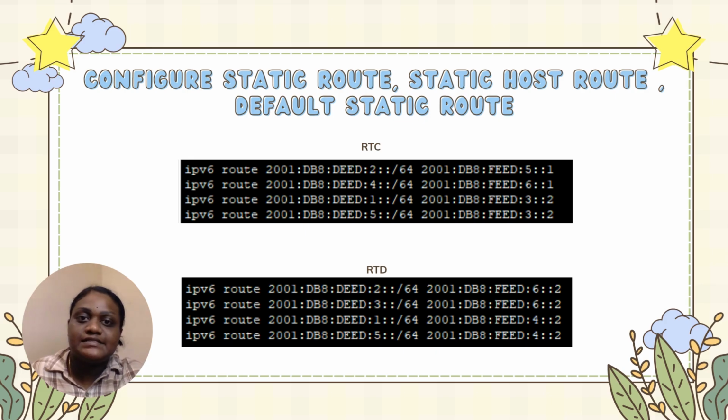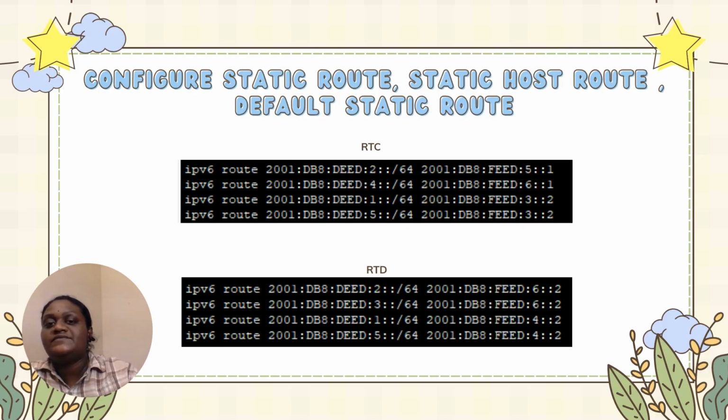Finally, the default static route is used when there is no specific route in the routing table. The command looks like this: ipv6 route ::/0 2001:DB8:FEED3::2. This means all unknown destinations will be sent to the next hop, which is 2001:DB8:FEED3::2.